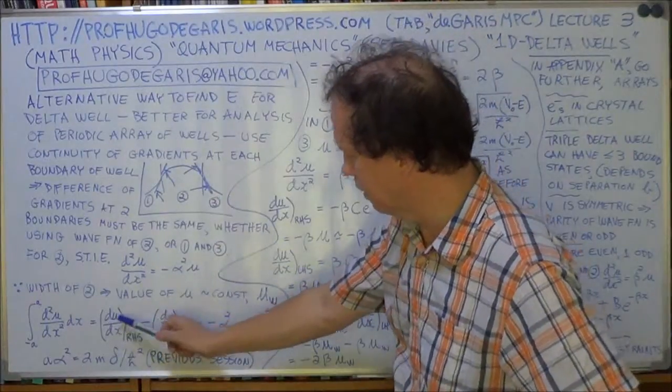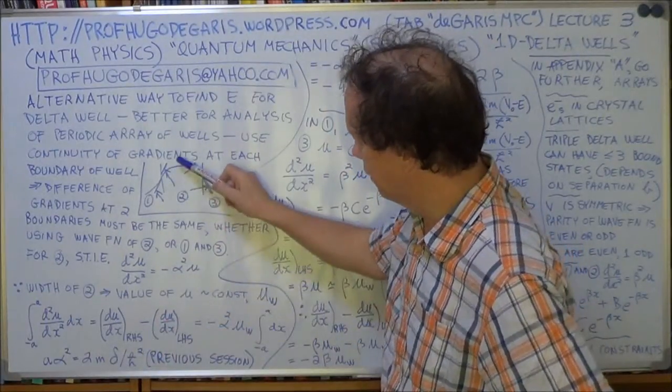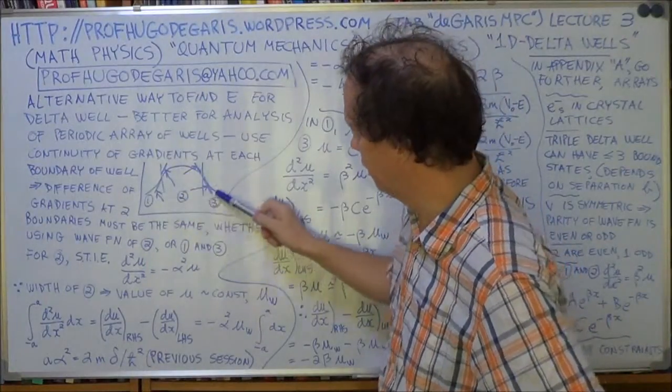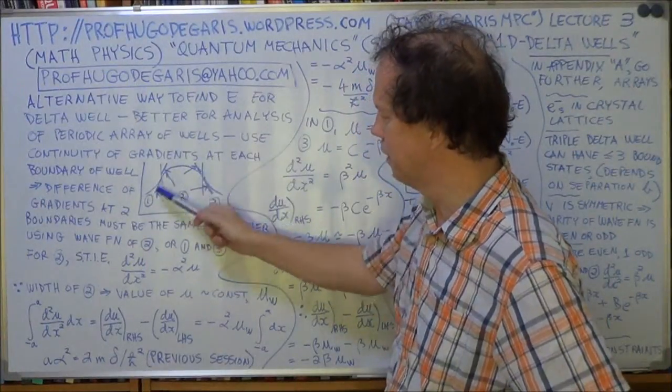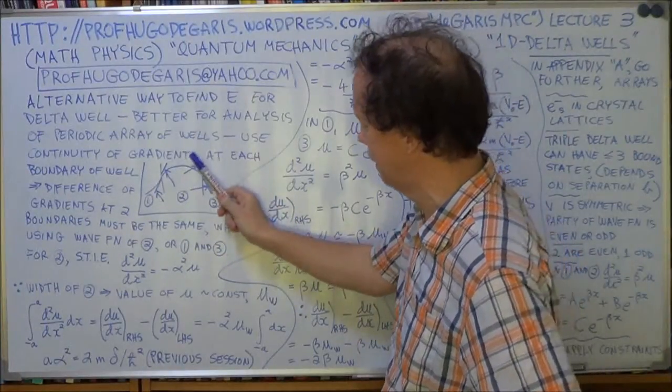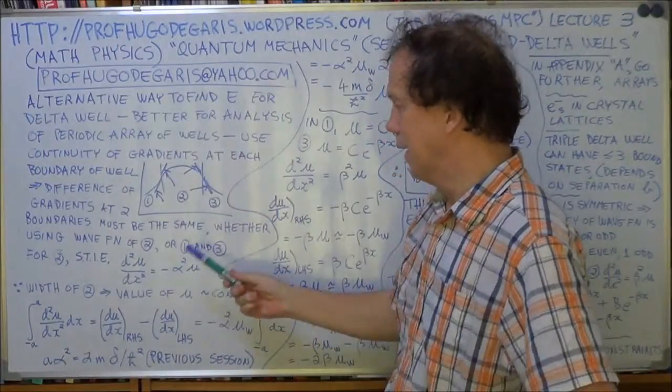So what is the gradient? If you've got your wave function u here and here and here, you've got in a sense three wave functions, but they meet up here, and the gradient's the same that way and the same that way.